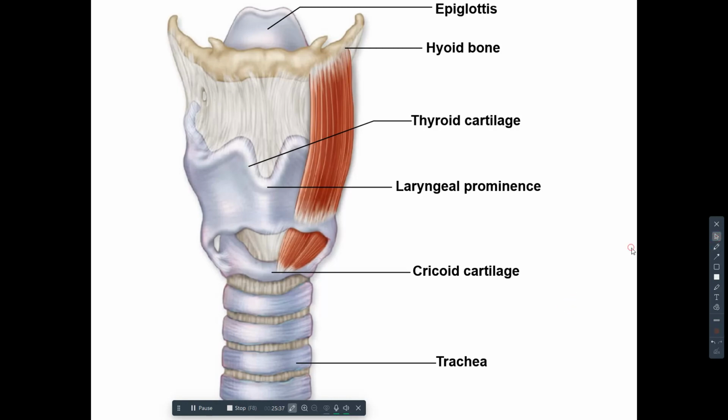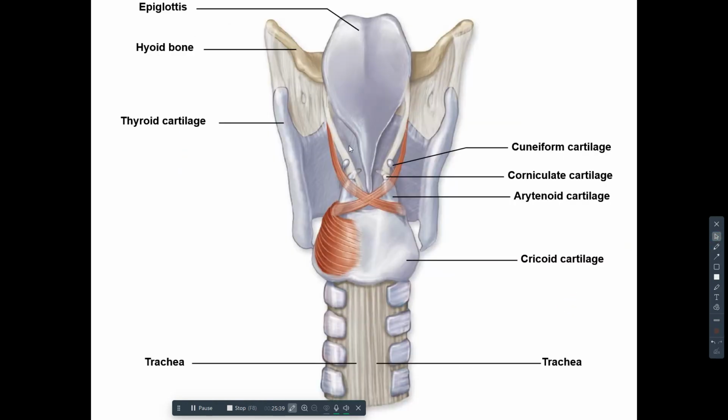let's keep on going. If we turn this guy around, I still see my thyroid cartilage. Notice it does not span the back. The word thyroid means shield-shaped because a shield would not encircle someone. Cricoid does go all the way across. The cricoid refers to a particular type of ring. Got the epiglottis sitting up.